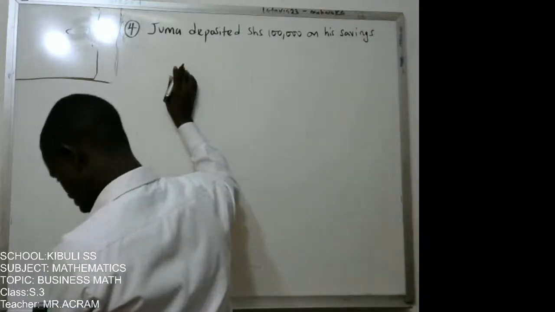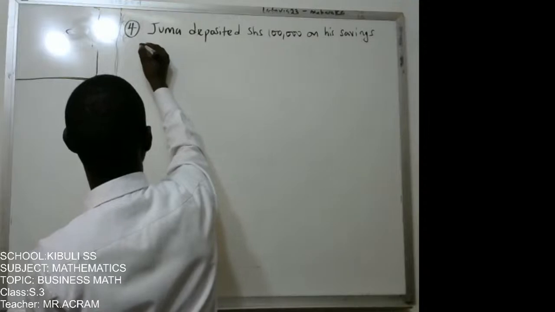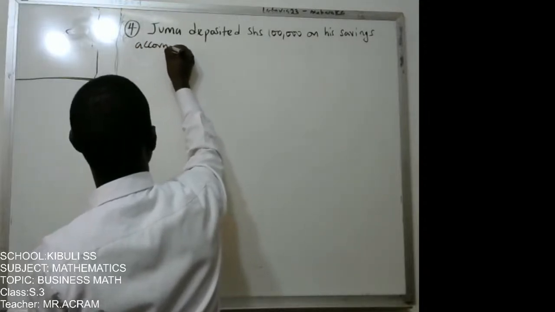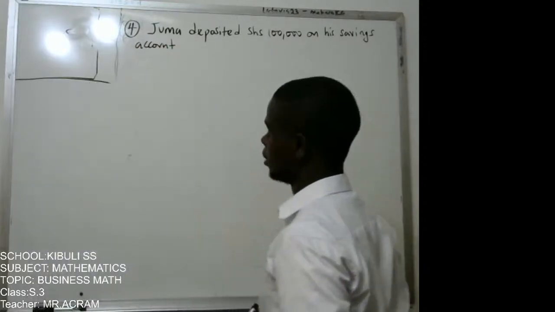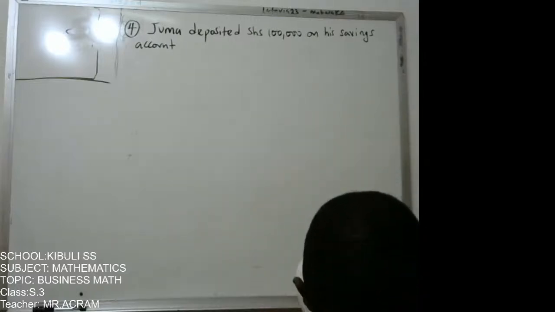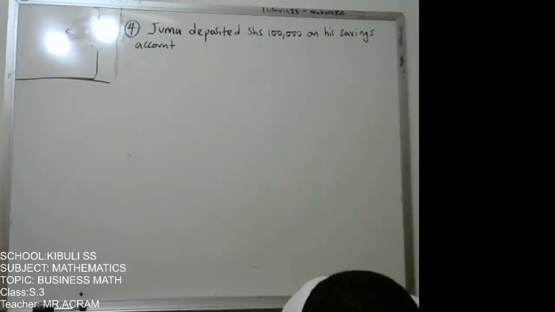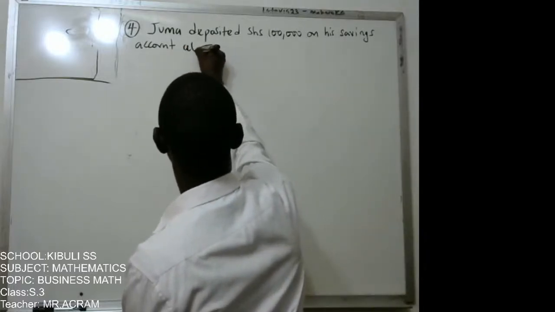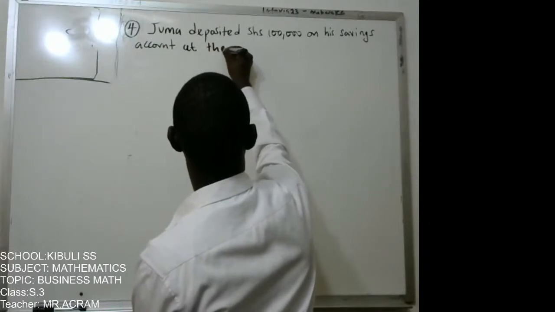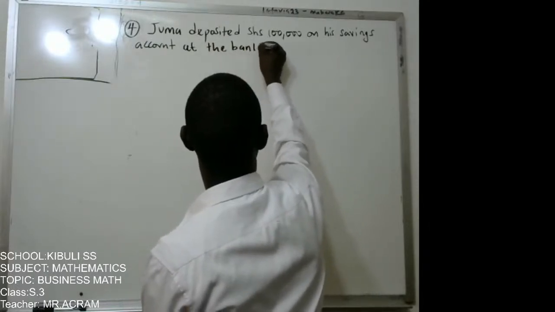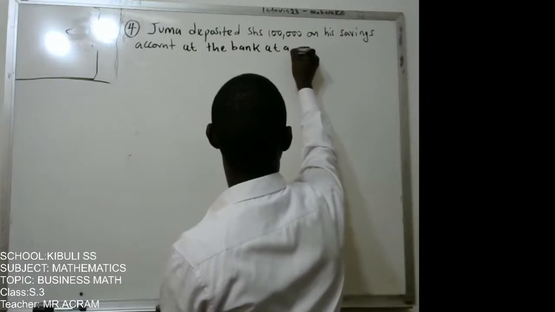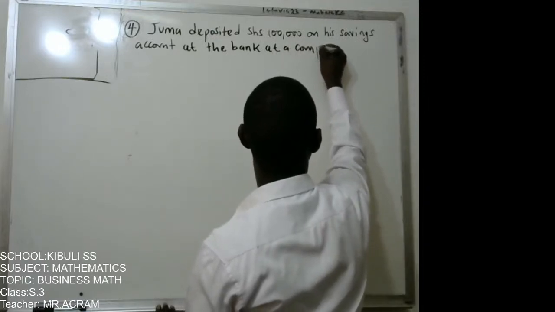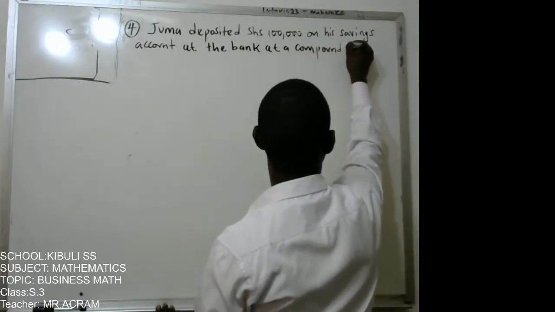In other words, you deposit on your savings account, you want your money to accumulate in his savings account at the bank at a compound interest.